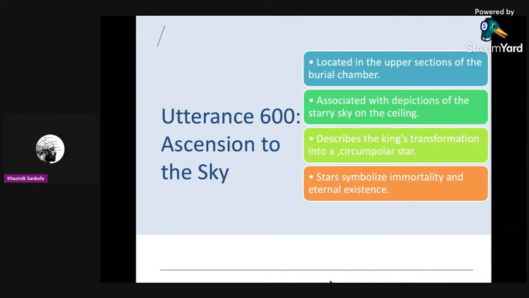All right, utterance 600 is located in the upper sections of the burial chamber and associated with depictions of the starry sky. It describes the transformation into a star, a Seba. The interesting thing about the Kemetic language is the different associations. A star is also called a Seba, and a Seba is also called a teacher, a guide.